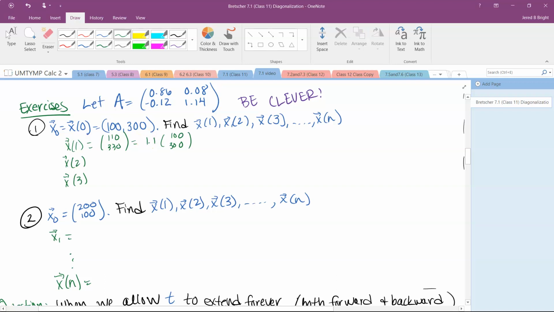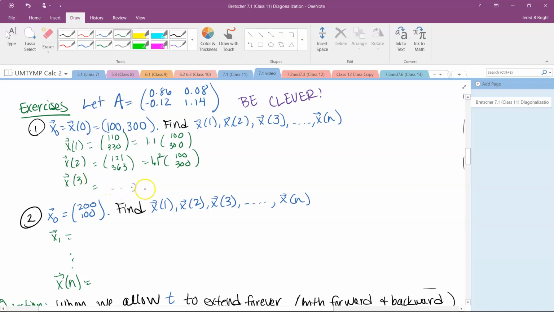Then x of 2, if I do the calculation, ends up being 121 and 363, which, again, in terms of the initial state vector, is 1.1 squared.